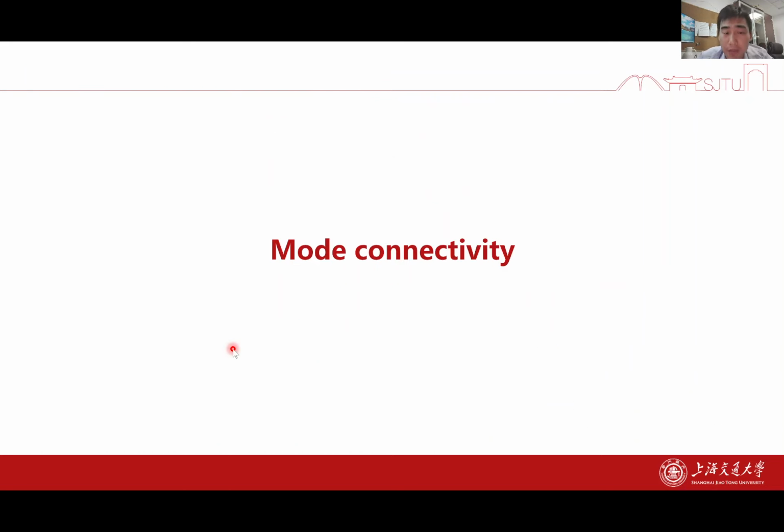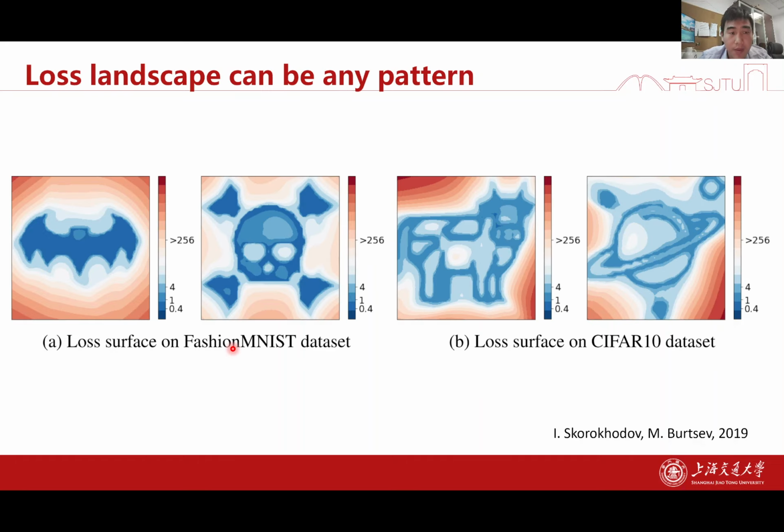The next phenomenon we want to introduce is mode connectivity. As we know, a neural network usually has a lot of parameters, so the loss function, which is a function of all these variables, is very high dimensional and also very complex.